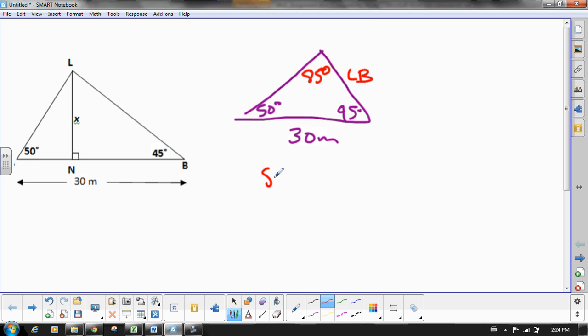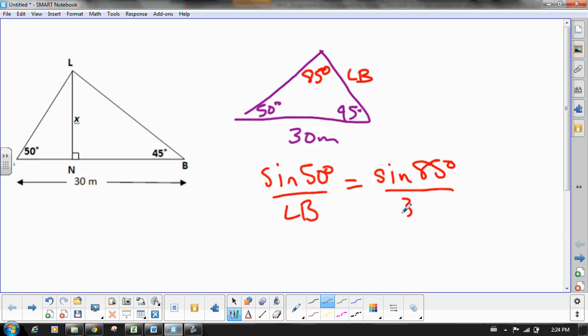So I'm going to have the sine of 50 degrees over LB equals the sine of 85 degrees over 30. When I isolate LB, I'm going to cross multiply, so LB sine of 85 equals 30 sine of 50.